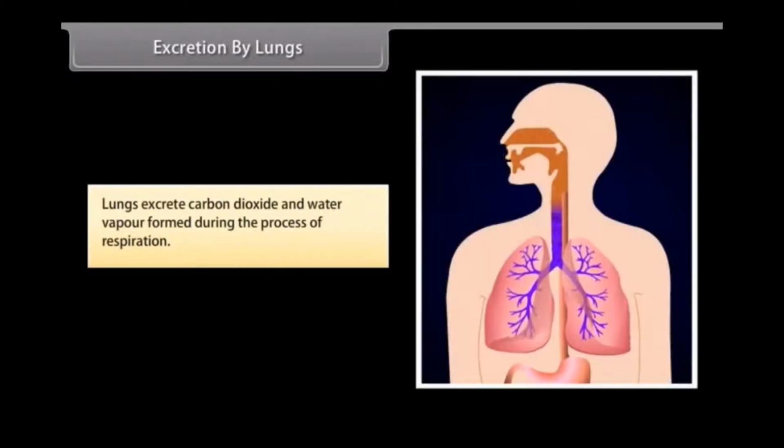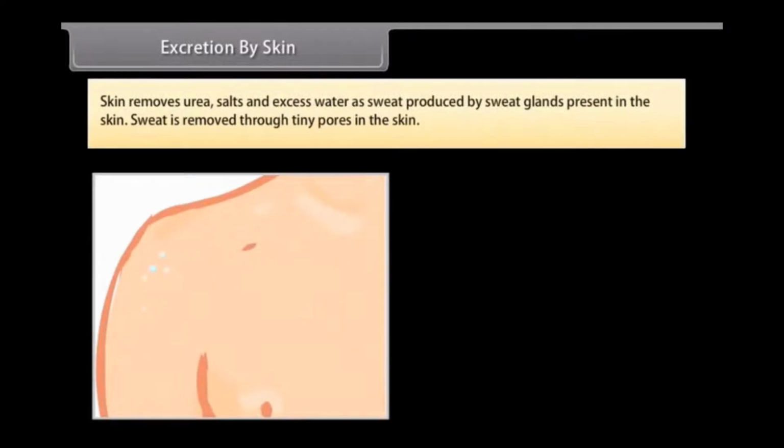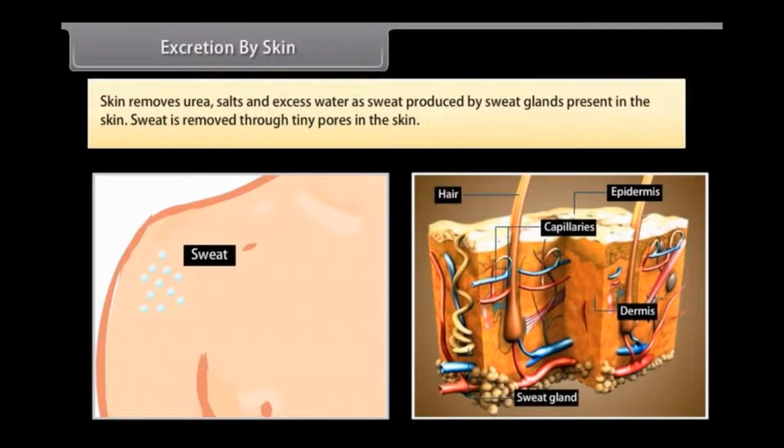Excretion by lungs. Lungs excrete carbon dioxide and water vapor formed during the process of respiration. Excretion by skin. Skin removes urea, salts, and excess water as sweat produced by sweat glands present in the skin.